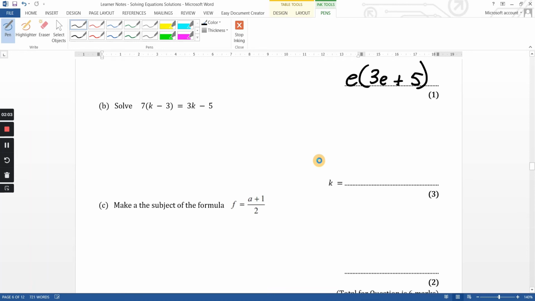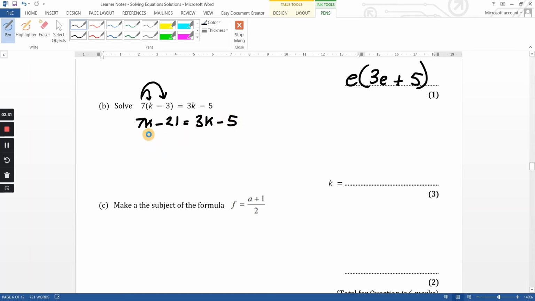Next one, solve all of this. When it says solve, it's asking what k is. In fact, it even says it here on the dotted line. So we need to get k on its own equal to something. Let's get rid of these brackets here. That's multiplying that, and it's multiplying that. So that's 7k minus 21 equals 3k minus 5.